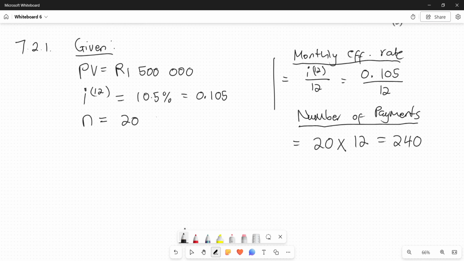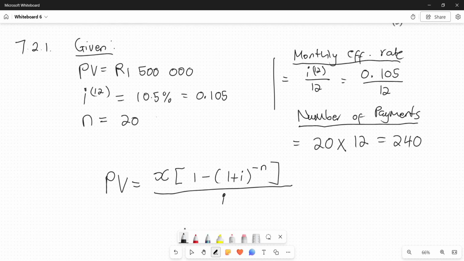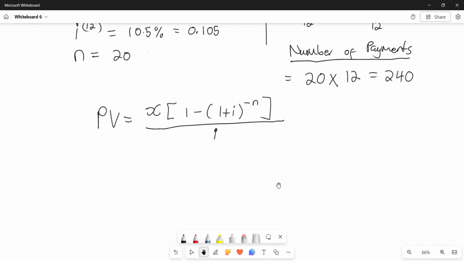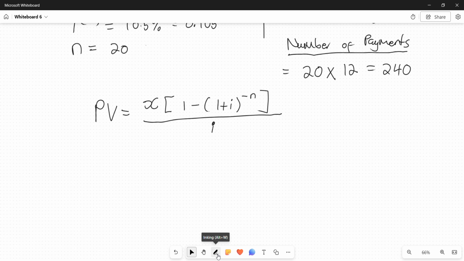Now that we have utilized our given information, let's calculate the monthly installment. Remember in one of our previous videos, we said in order to calculate the present value, we use the formula: present value equals the monthly installment x into 1 minus (1 plus I) to the power of negative n, divided by I. Since we are given the present value, I'm going to use this formula to derive the formula to calculate our monthly installments.